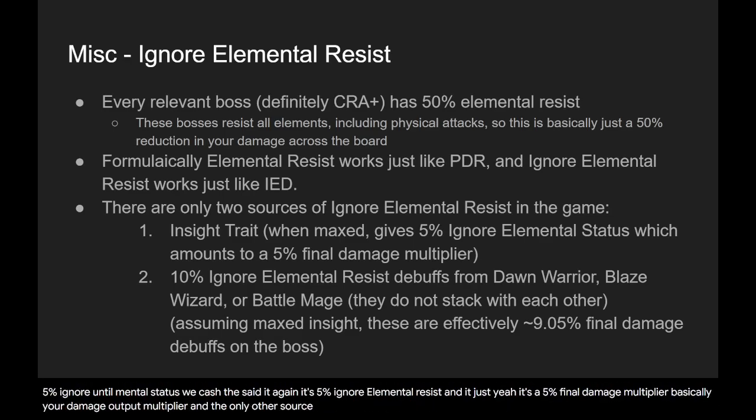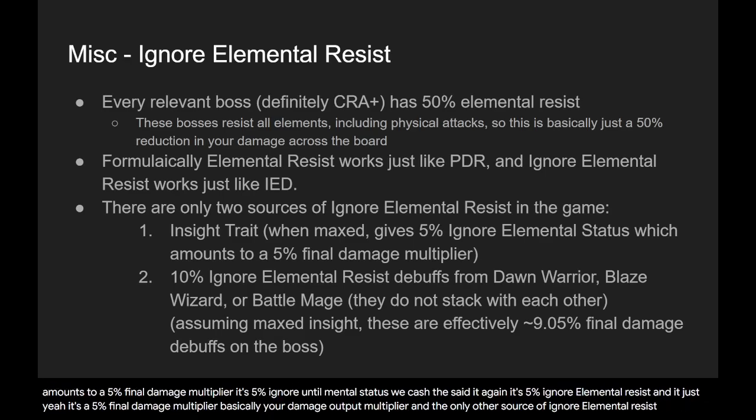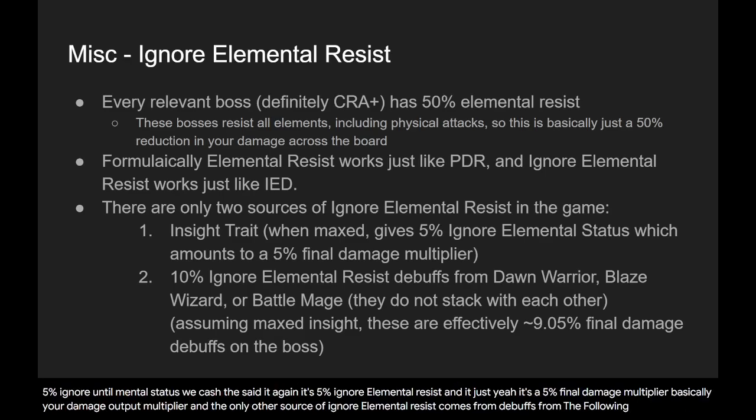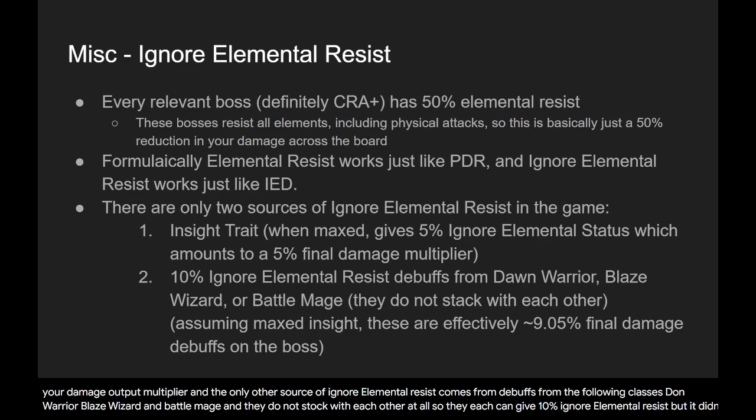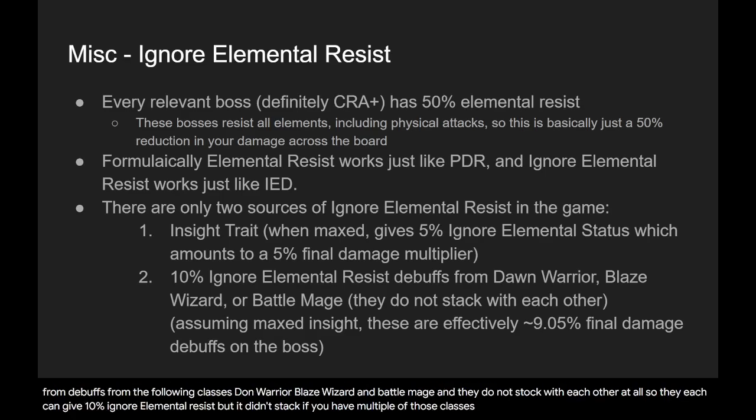The only other source of ignore elemental resist comes from debuffs from the following classes: Dawn Warrior, Blaze Wizard, and Battle Mage. And they do not stack with each other at all. They each can give 10% ignore elemental resist, but they don't stack if you have multiple of those classes in your party.